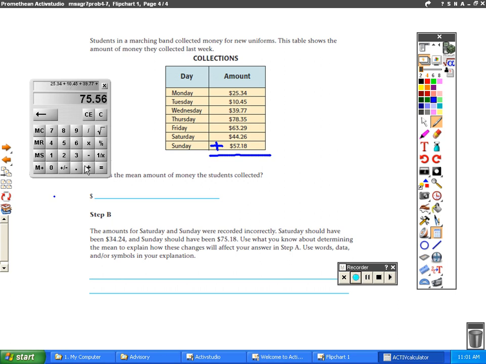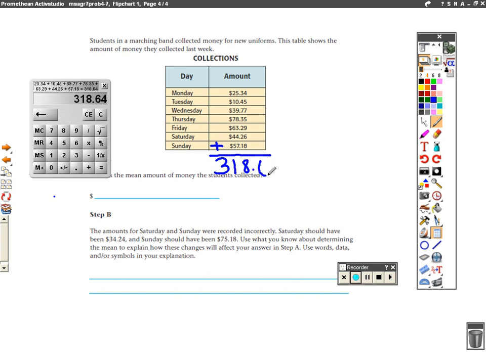Then I'm going to do $78.35 and $63.29 and $44.26 plus $57.18, which gives me $318.64. I found my mean, right?